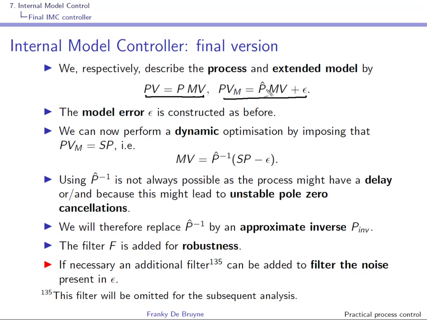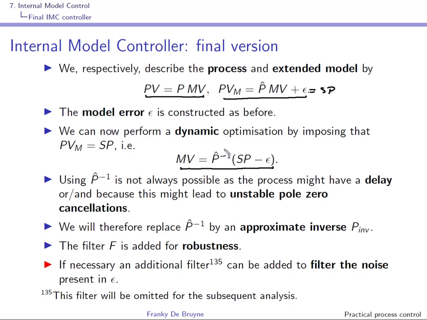So if we want the output to be equal to the set point, you can see here that MV should be chosen as SP minus epsilon, and then you have to invert the model, and this is how you can construct your manipulated value.